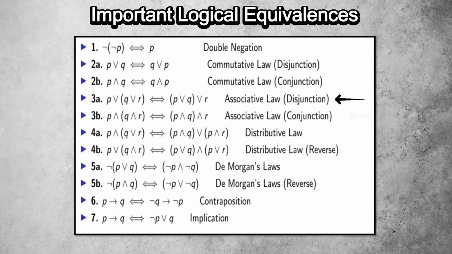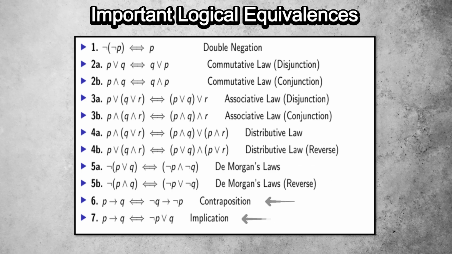Now 3A and 3B state that disjunction and conjunction are associative, whereas 4A and 4B represent the distributive law of conjunction with respect to disjunction and disjunction with respect to conjunction. 5A and 5B are called De Morgan's laws, with respect to negation associated to disjunction and negation associated to conjunction.